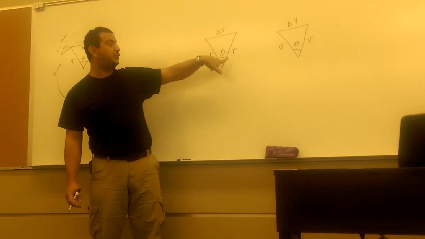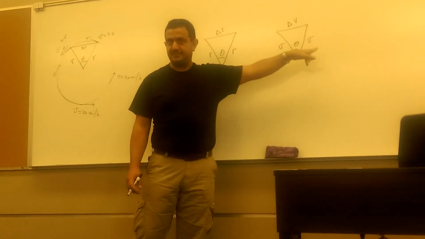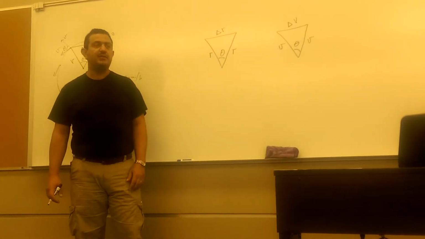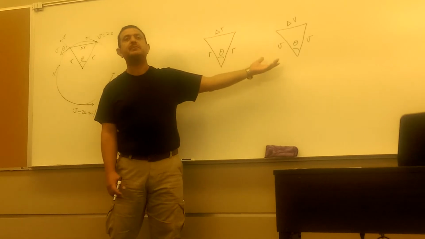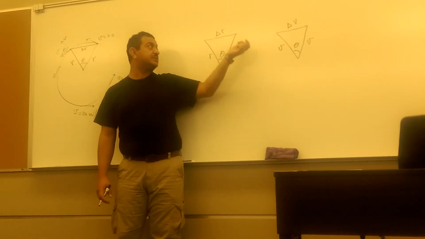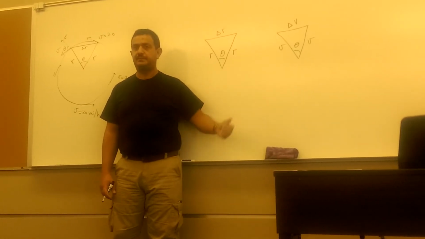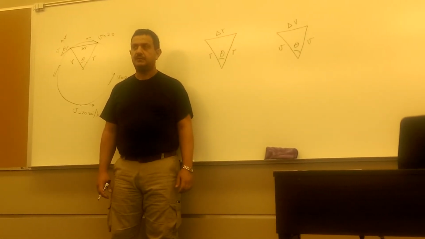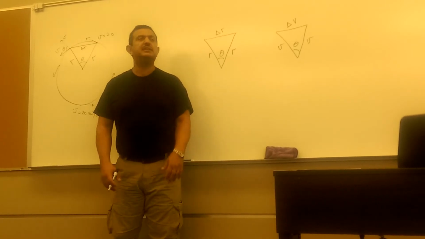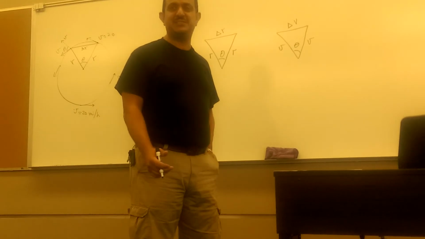Or at least two sides and an angle, right? So similar triangles, what are the properties of similar triangles? The ratio between their sides are the same. Do we agree? Well, if you don't, go check with your math teacher.